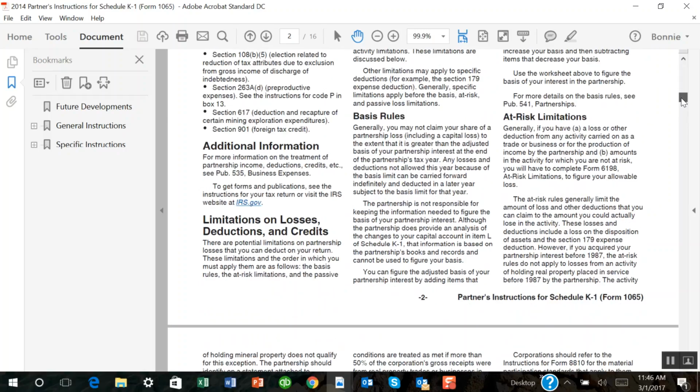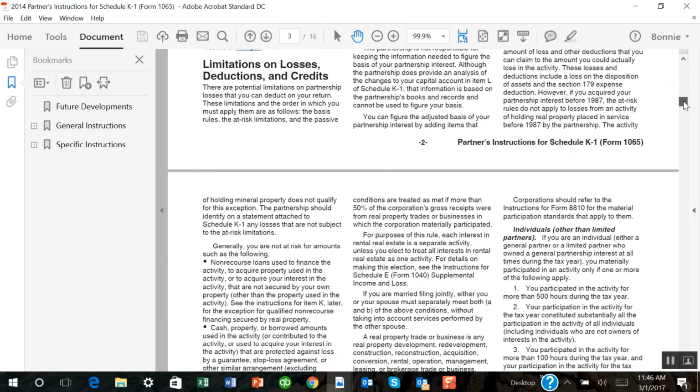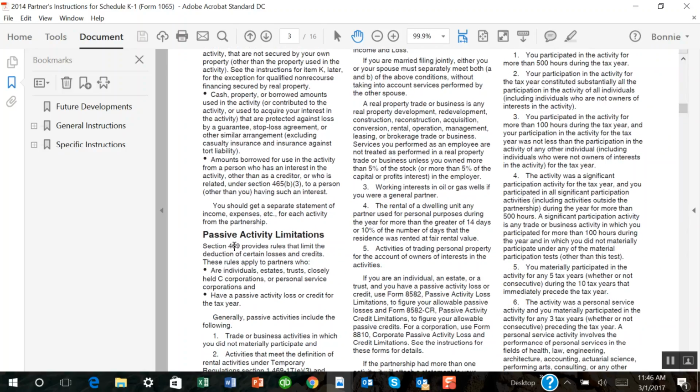But before you apply passive activity limitations, you have to figure out what your outside basis is first. Then secondly, you have to figure out what your at-risk basis is. And then thirdly, and in that order, you would figure out whether you have passive activity limitations. And this would be in the case of losses.